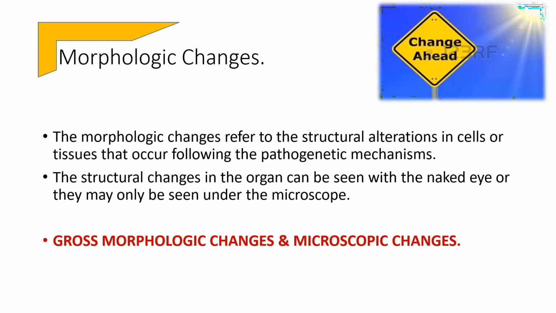Okay. The structural changes in the organ or cell can be seen with a naked eye, or they may only be seen under the microscope. Some structural or morphological changes we can see with the naked eye. For example, some kind of cyst, some kind of lipoma, or some other changes we can see with the naked eye.